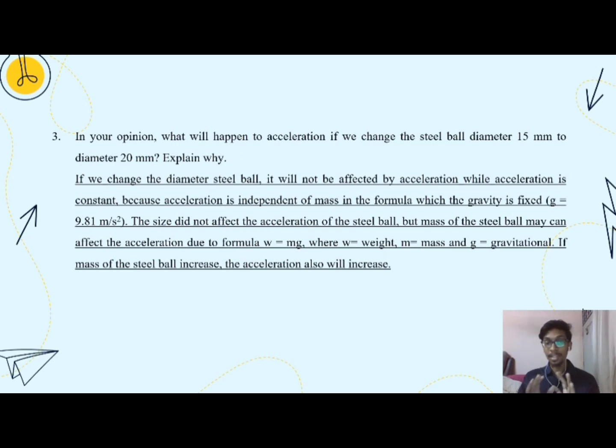The size does not affect the acceleration of the steel ball, but mass of the steel ball can affect the acceleration due to the formula W equals mg, where W equals weight, m equals mass, and g equals gravitational acceleration. If mass of the steel ball increases, the acceleration also will increase. That's all from me. Thank you.